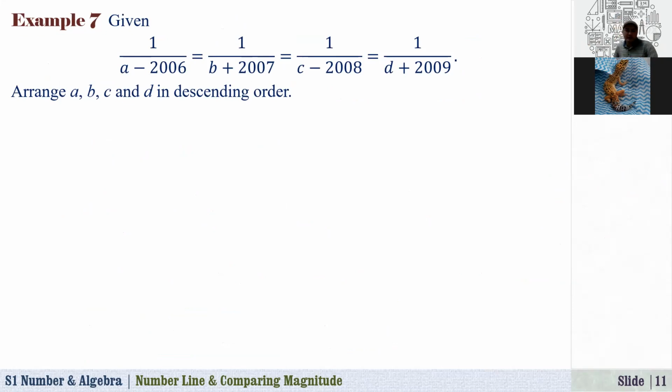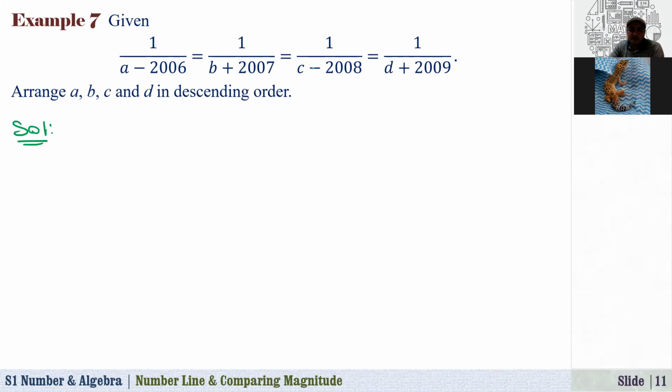It says that given 1 over a minus 2006 equals 1 over b plus 2007 equals 1 over c minus 2008 equals 1 over d plus 2009, arrange a, b, c, and d in descending order. At first glance, all numerators are equal.